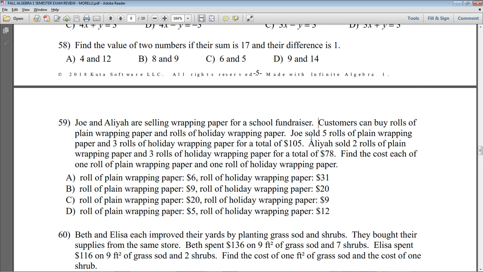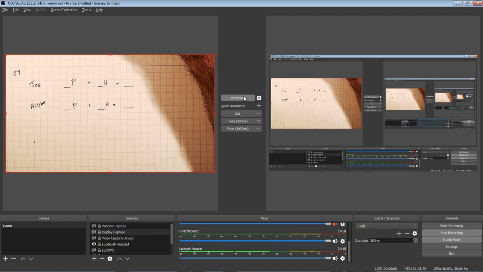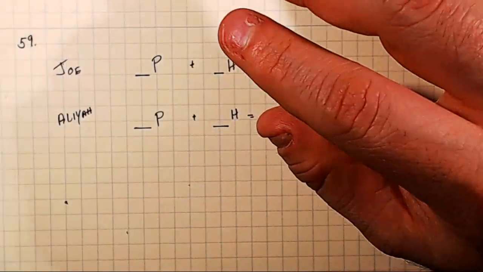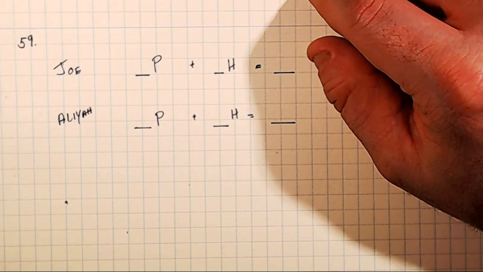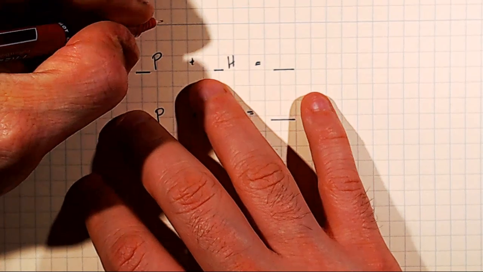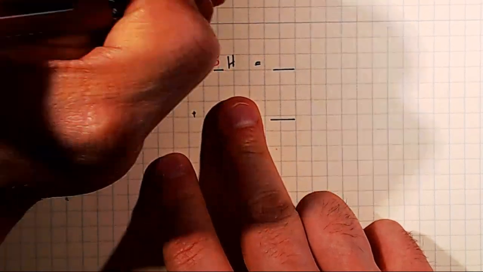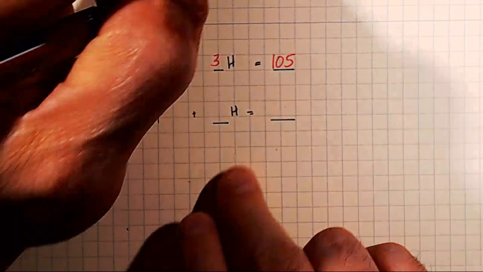So let's fill in for Joe. 5P, 5 rolls of plain, 3H, 3 rolls of holiday, equals 105. So 5P plus 3H equals 105.